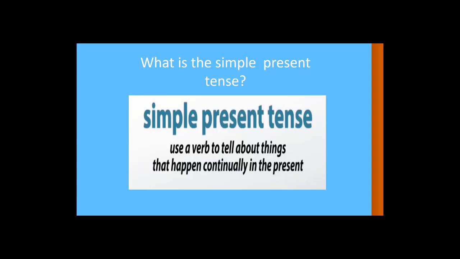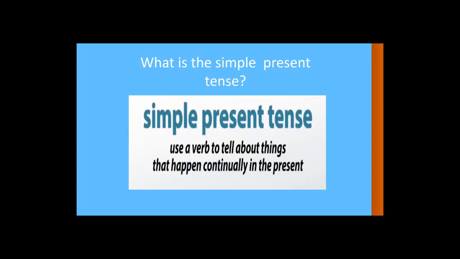So this means that the simple present tense is used to refer to actions and conditions that are happening all the time. So there's something regular about these. And they can exist now, and they can maybe continue to exist in the future as well.